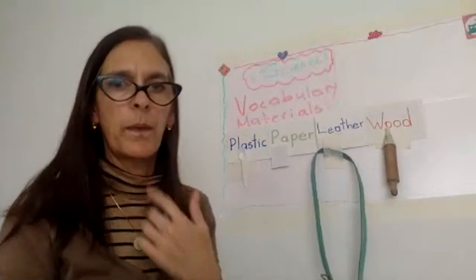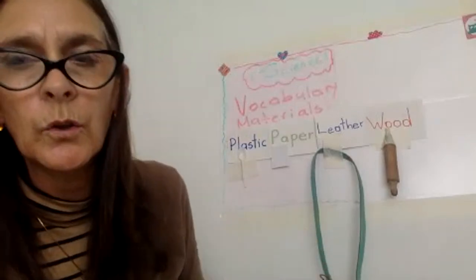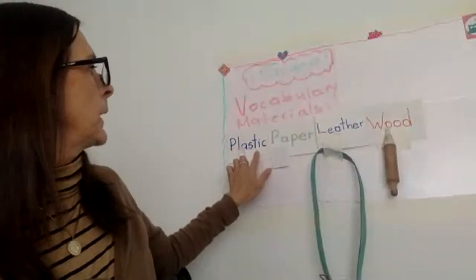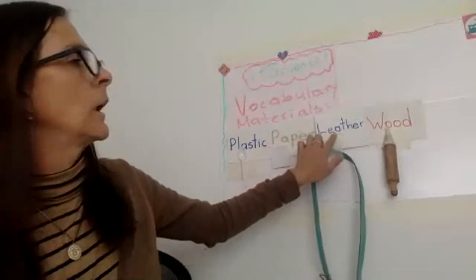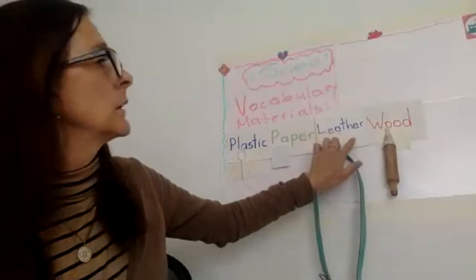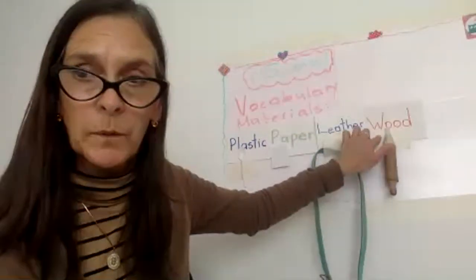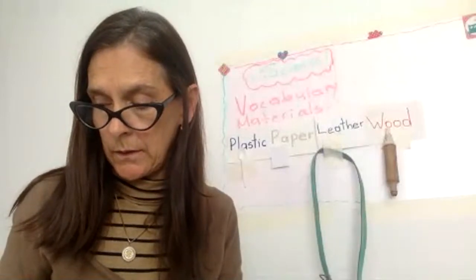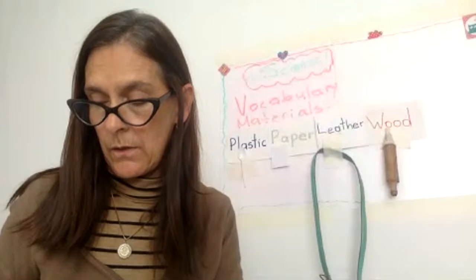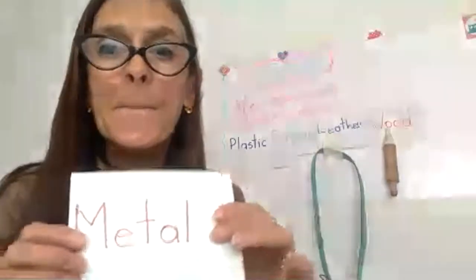Okay, so we are going to review. We have plastic, paper, leather, and wood. The next one that we have is metal.